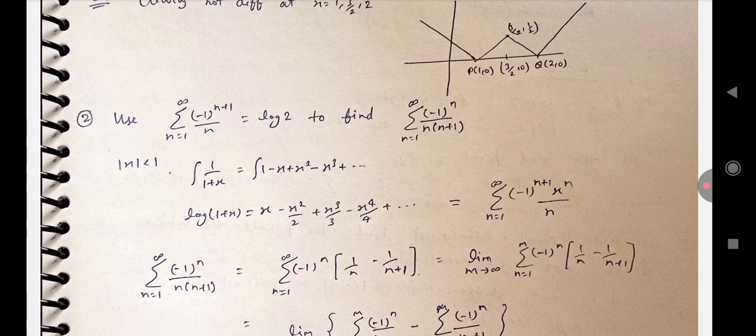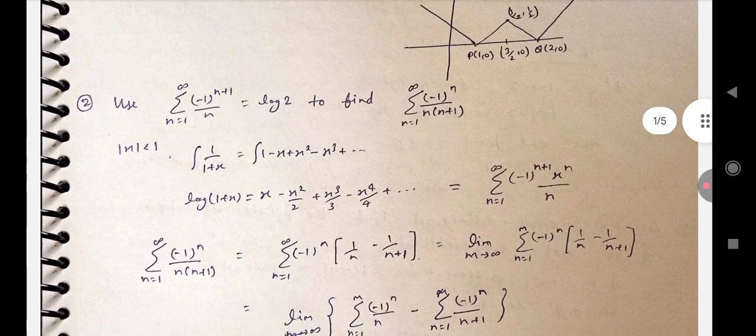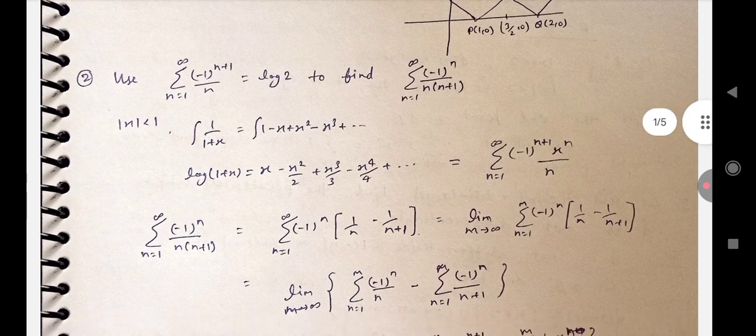Now second question is, we have given a series which is converged to log 2. Then we need to find the sum of this series, minus 1 power n upon n into n plus 1. So here x is less than 1.